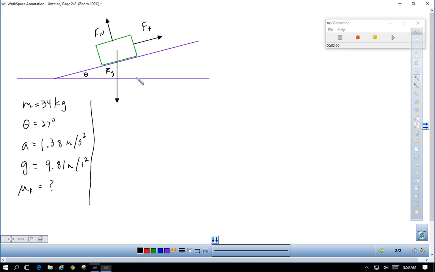In this case, we're going to use our alternate xy axis. We're going to keep our xy axis in line with the surface that the object is moving along, rather than with the ground, so that it can move in only one dimension at a time. Which means that gravity is what's not in a single dimension, and so we'll need to break it up into components. Let's do that real quick.